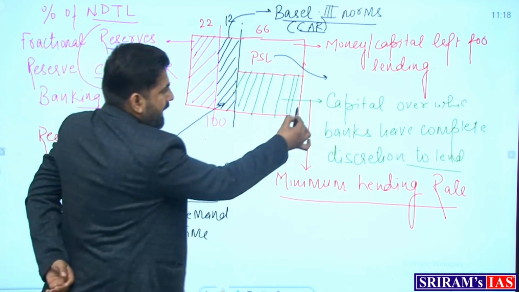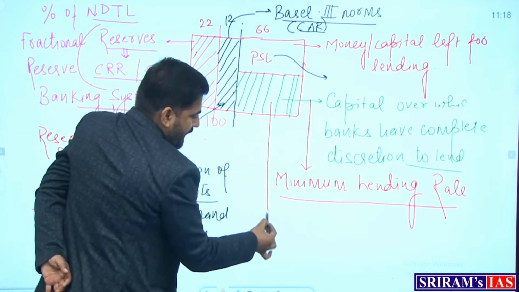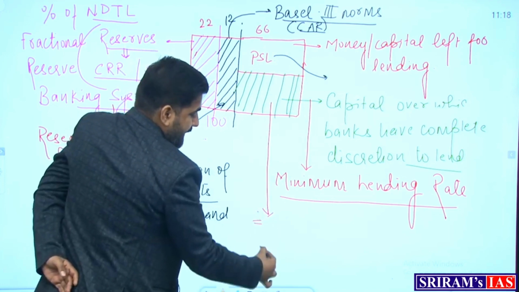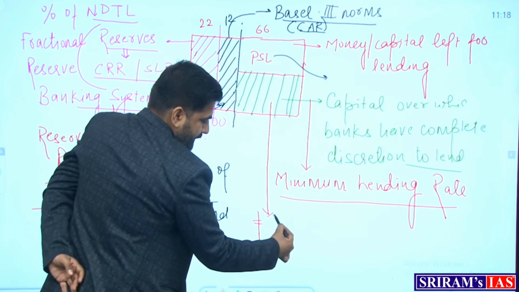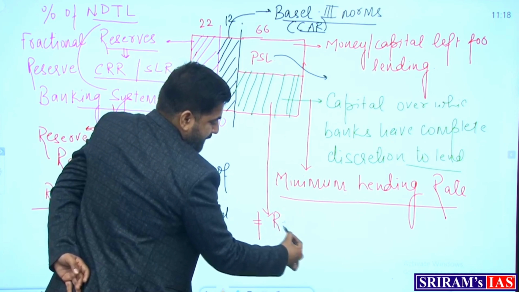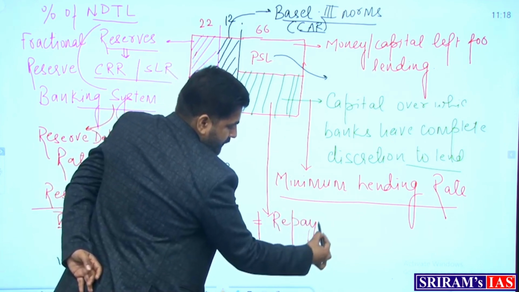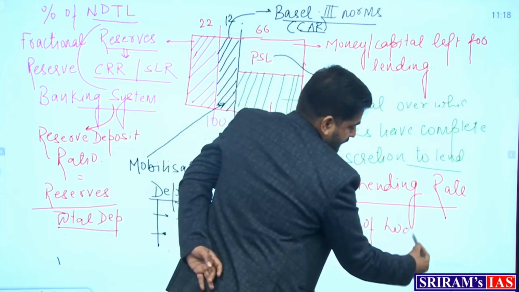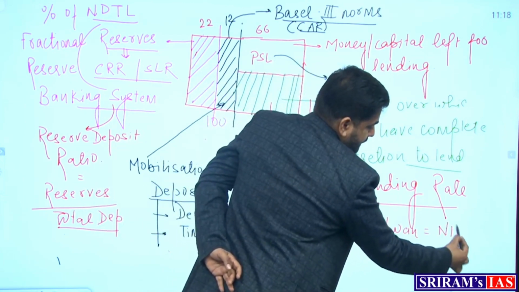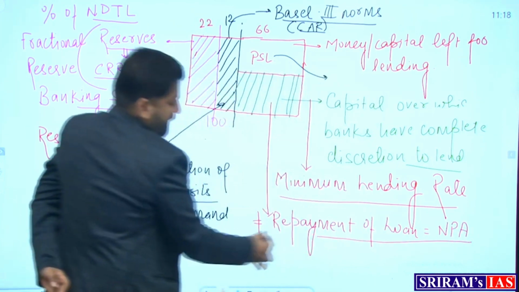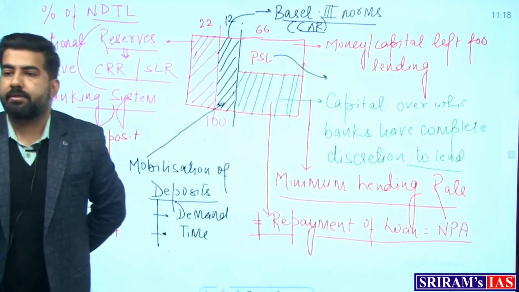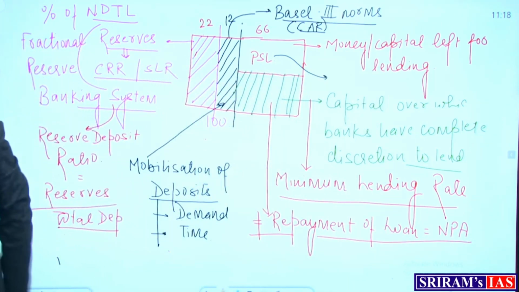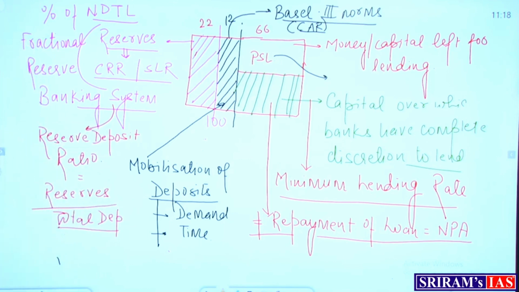And here comes another concept. Non-repayment of the loan will result in a non-performing asset. So you see, these are the various concepts over which we are going to have a detailed discussion.